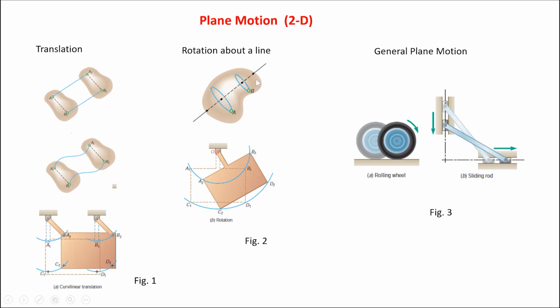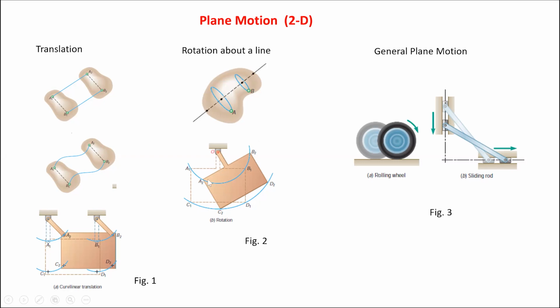For example, if you consider this the Z axis and project the whole body, it will look like this one. So in the XY plane, this O here is a point, but in actuality it is a line, an axis perpendicular to the plane of the paper. Then each particle here is executing a motion in the XY plane.